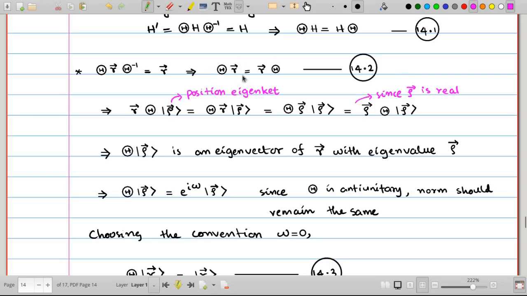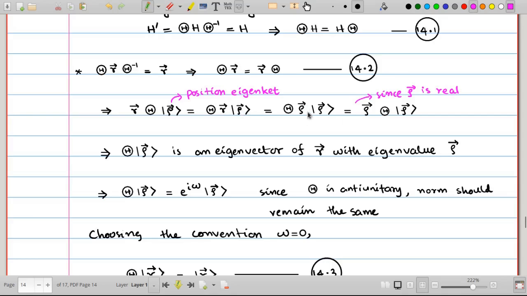Now consider the action of r theta on the position eigenket rho. So r theta acting on rho gives theta r acting on rho. That's because r theta is theta r. Now r acting on ket rho gives back rho times ket rho, because ket rho is the position eigenvector.